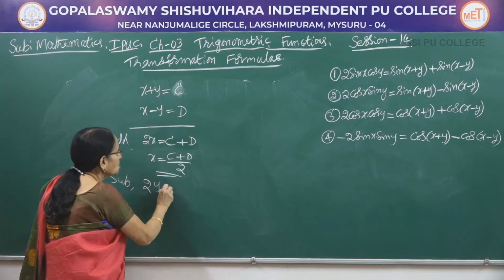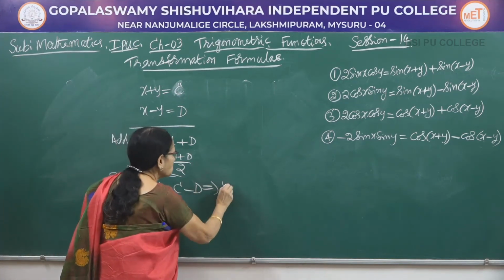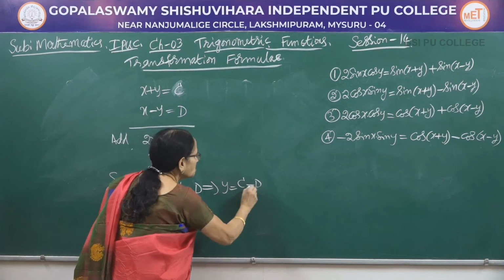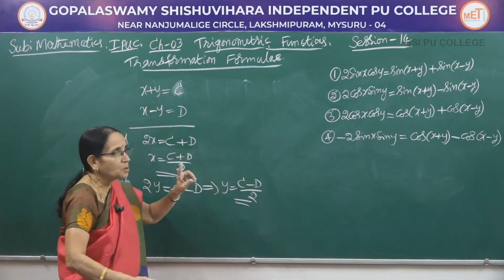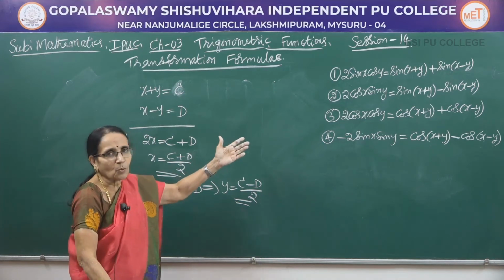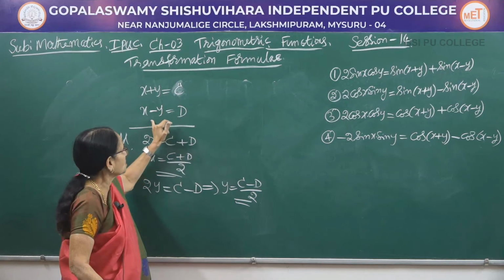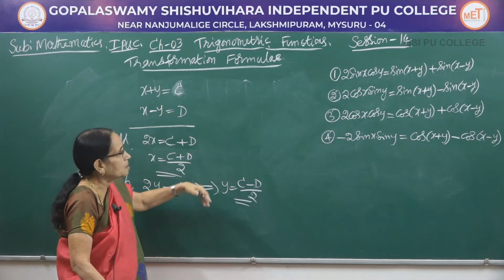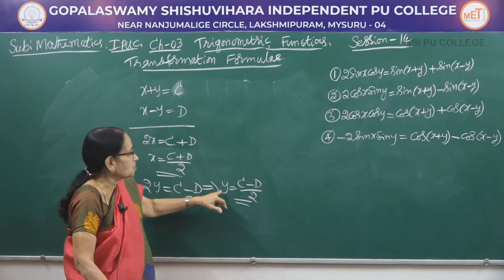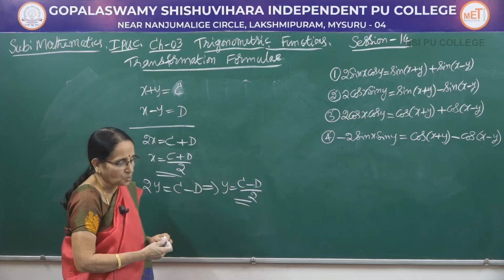So we have 2y equal to c minus d, which implies that y is equal to c minus d divided by 2. That means on the right hand side we replace x plus y by c and x minus y by d, and similarly x and y on the left hand side would be replaced by c plus d by 2 and c minus d by 2 respectively.